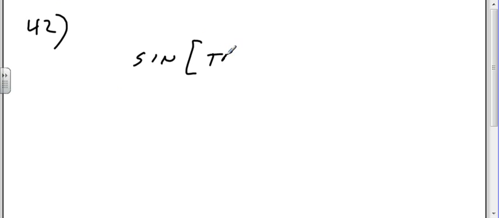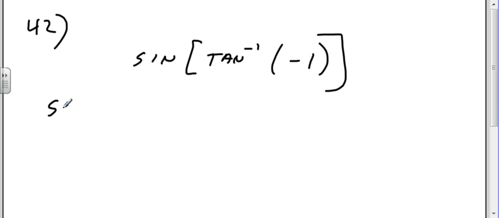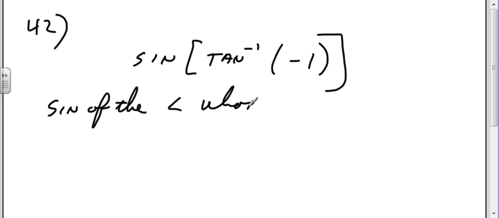Okay. All right, so we'll do 42, because these are so much fun. Aren't these fun? The sine of the arc tangent of minus 1. All right, so we want the sine of the angle whose tangent is minus 1.